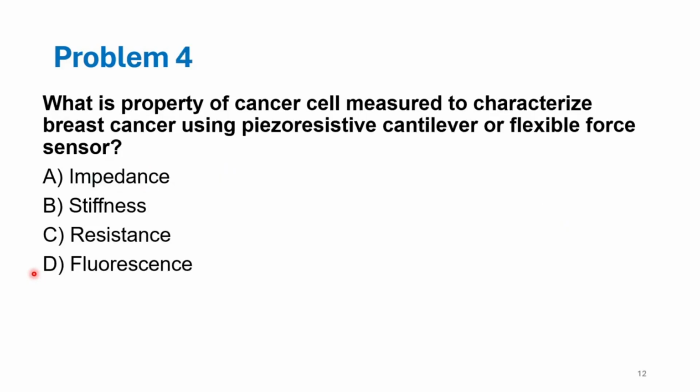Problem 4. What is the property of cancer cells measured to characterize breast cancer using a piezoresistive cantilever or flexible force sensor? A. Impedance, B. Stiffness, C. Resistance, D. Fluorescence.